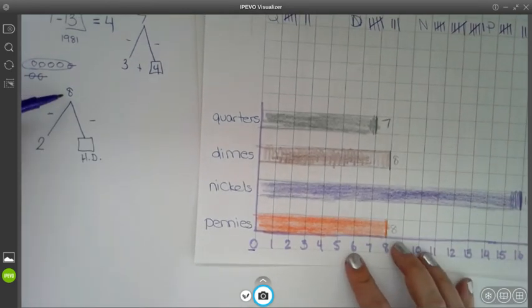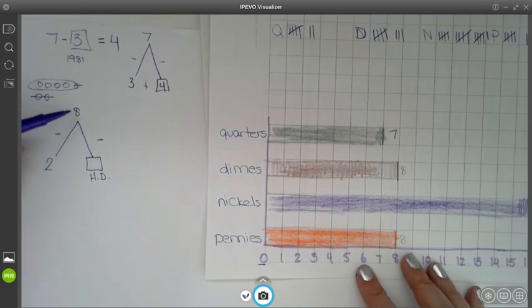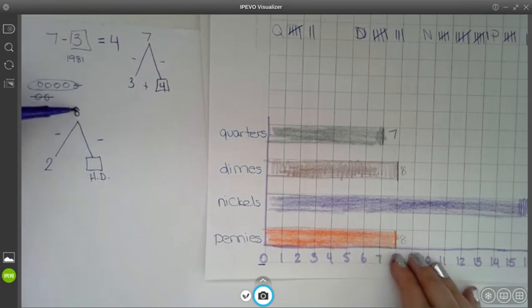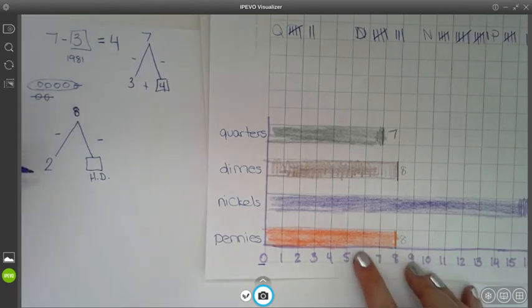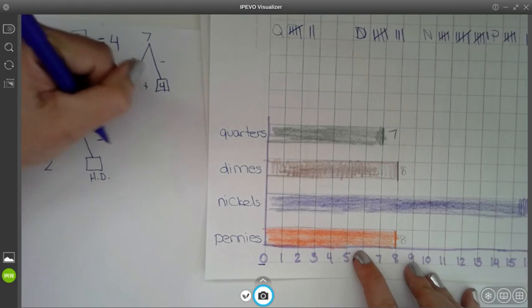Okay, another way to do it is to use your Math Mountain and say, if I took 8 pennies, and I took 2 because I have 2 more pennies than I do half dollars. So if I took that away to find the number, then I can also find that this number is 6.